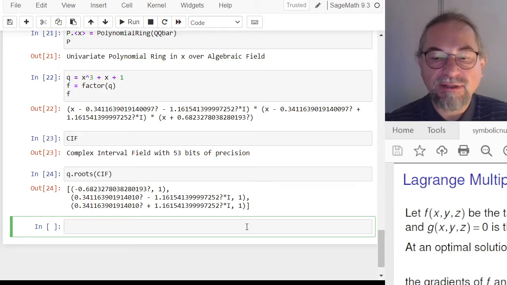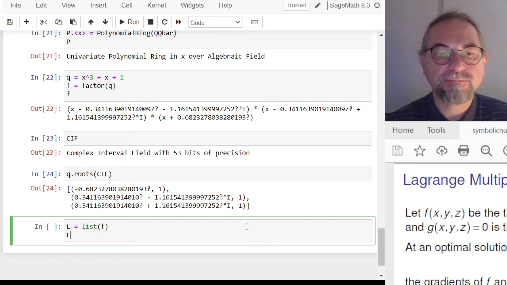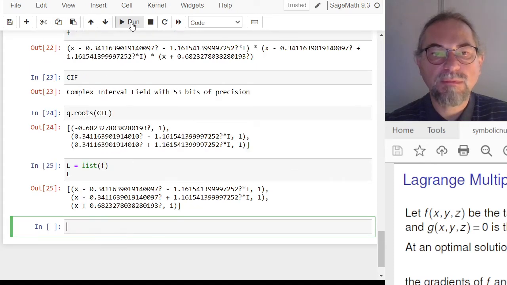So I can get the factors out of there. So here you see the list of the factors.